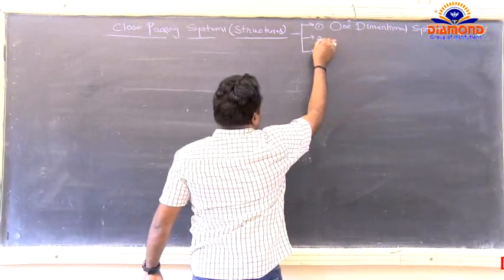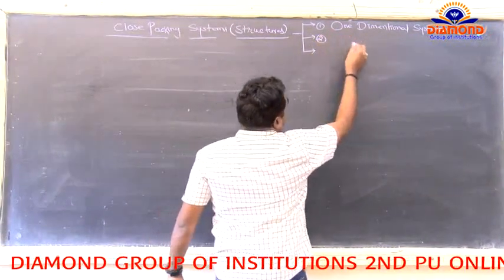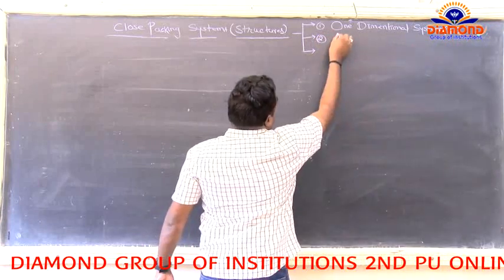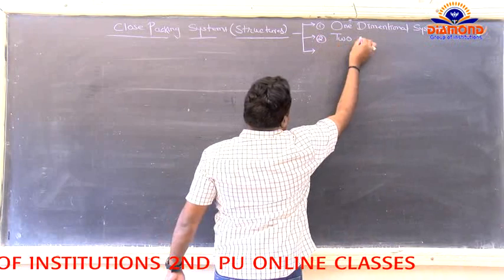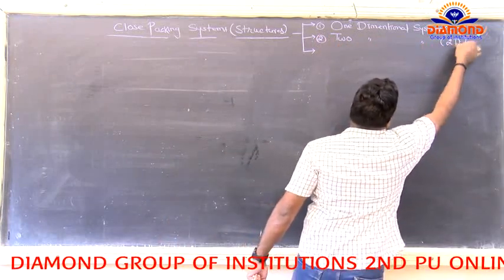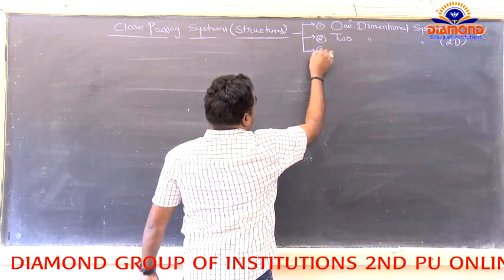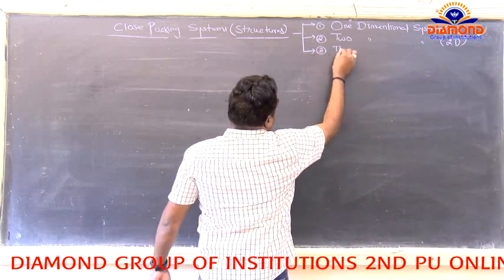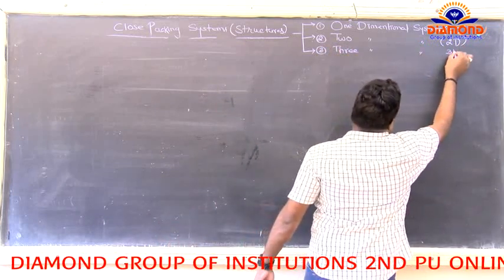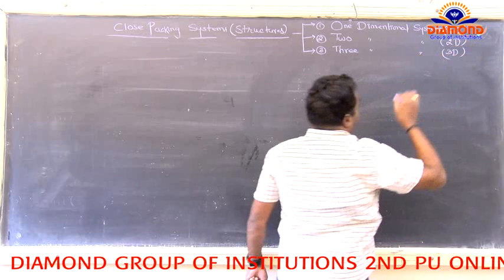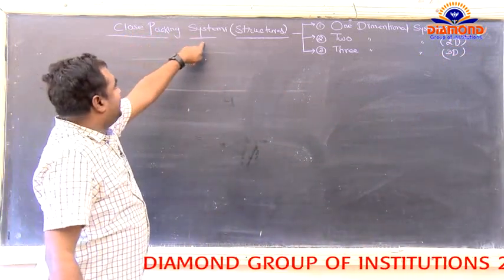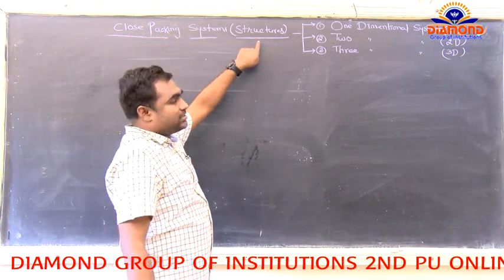The second one belongs to the two-dimensional system, simply 2D. And the third one belongs to the three-dimensional system, 3D.